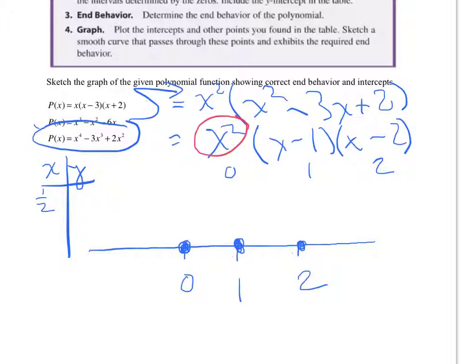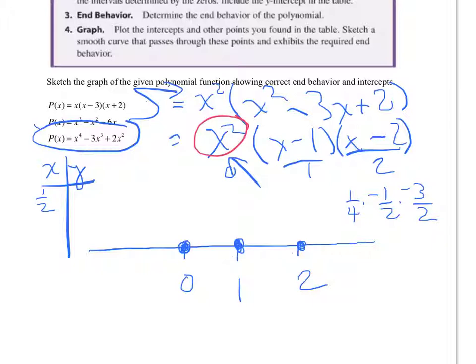And I like to use the factored form because that's usually easier. So 1/2 squared is 1/4. 1/2 minus 1 is -1/2. And 1/2 minus 2 is -3.5, which is -3/2.